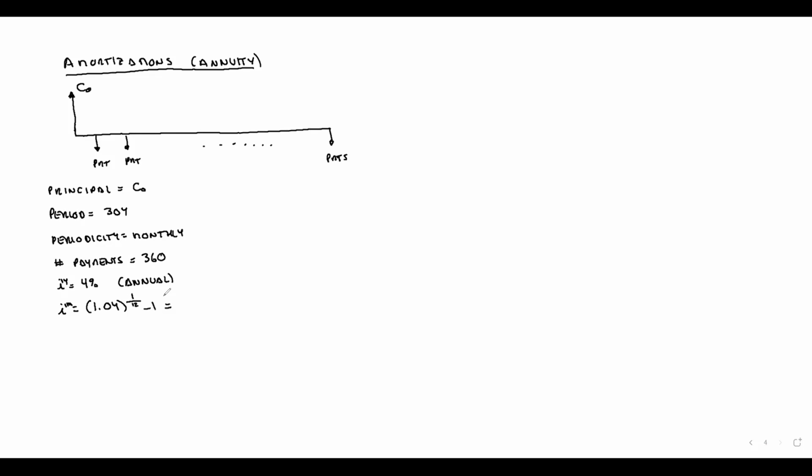So 1.04 to the power 1 divided by 12 minus 1 is equal to 0.3274%. So this is the interest rate that you're going to pay per month. Okay? And with that, we're okay, guys.